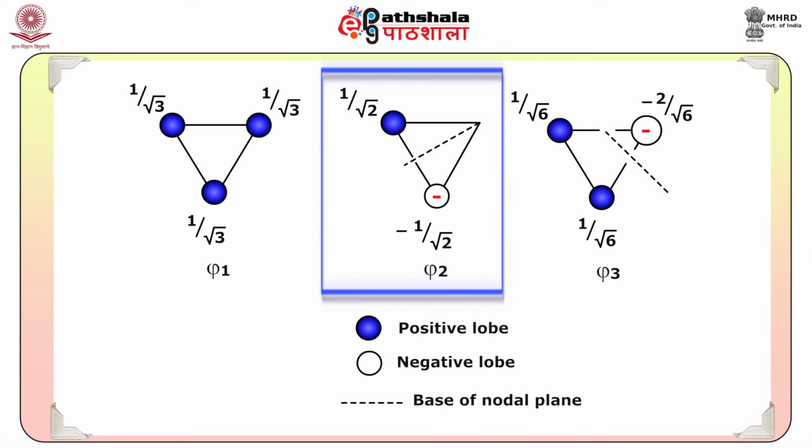Whereas for Phi2, the two coefficients C1 and C2 are 1 upon under root 2, but one is positive, the other is negative, whereas the corresponding coefficient C3 is 0 in this case.